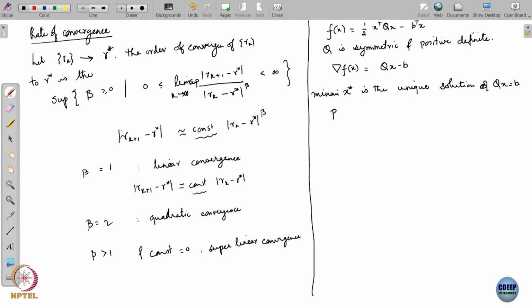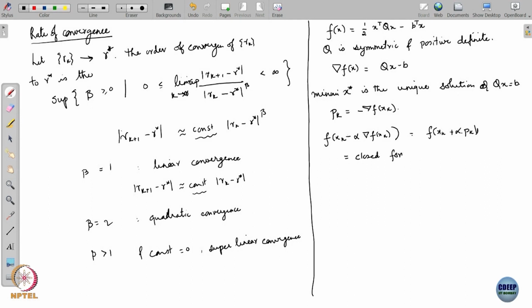The search direction for us is p_k, which is equal to minus gradient of f at x_k. So, we can actually calculate f of x_k minus alpha grad f of x_k, which is f of x_k plus alpha p_k, in closed form.